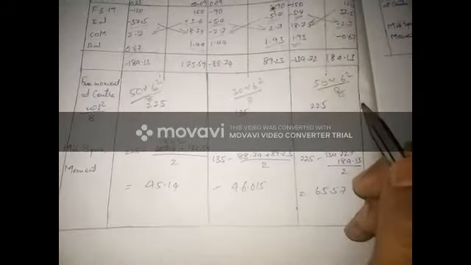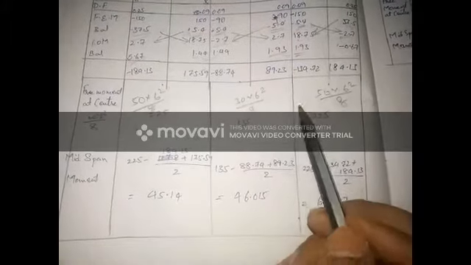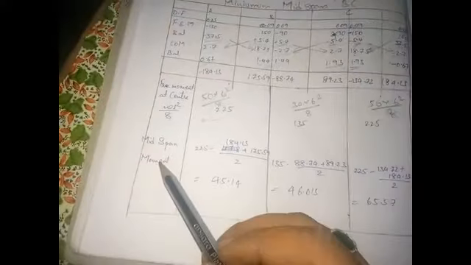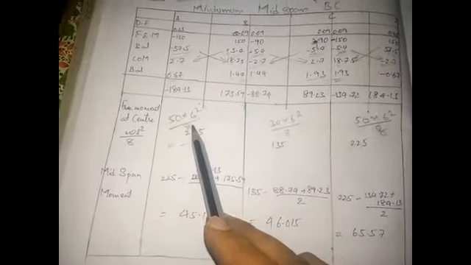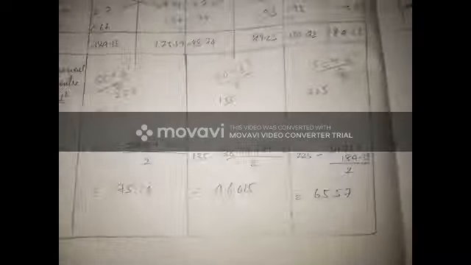So next, after completing these fixed end moments, that is free moments, we'll go for directly calculating the midspan moments. How do we calculate the midspan moments? It is the free moment minus the resultant moments, whatever we have got here, sum of carryover moments or whatever it is.